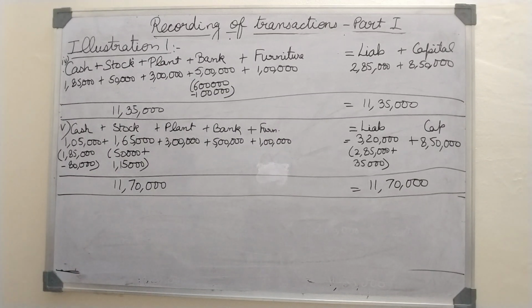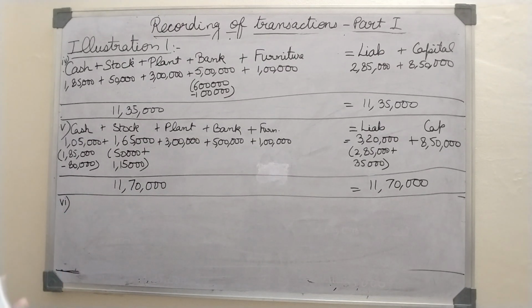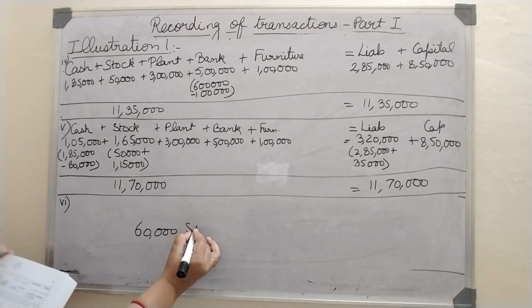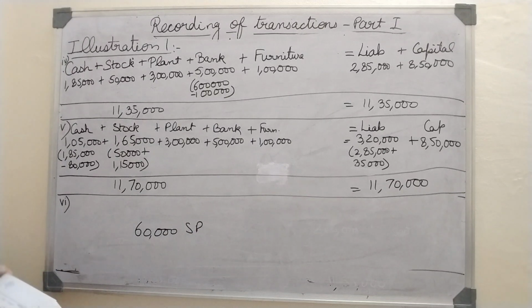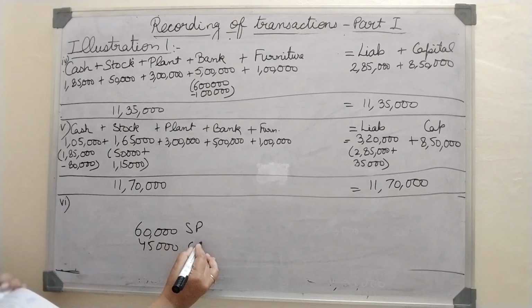Okay. Now we come to the sixth part. The sixth part says goods amounting to 45,000 were sold for 60,000 on cash basis. So when goods of 45,000 are sold for 60,000, 60,000 is my SP. Cost of the goods was 45,000. So what I have earned, it is quite clear, right?